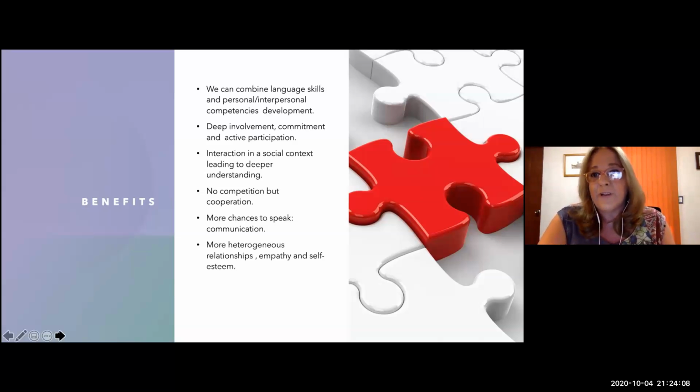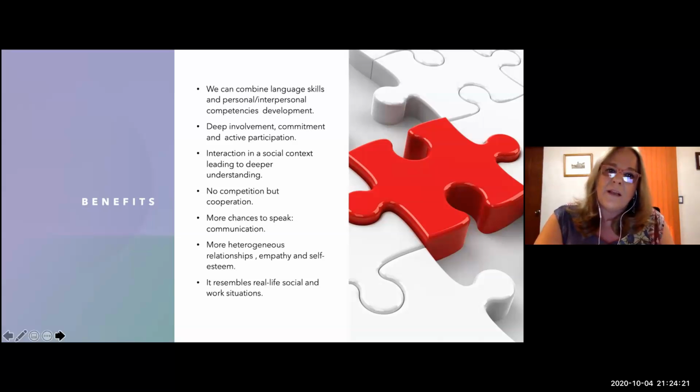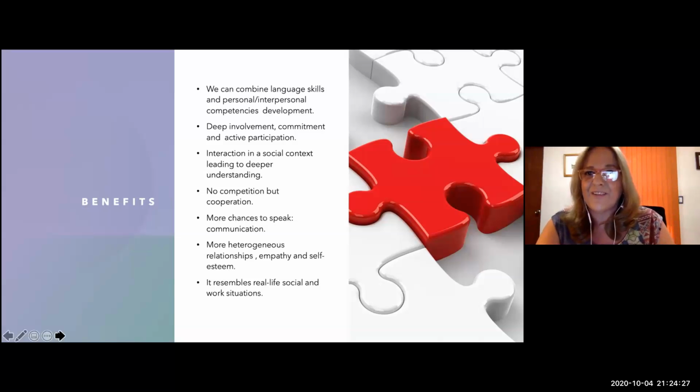When we have, for example, very shy students, they feel more confident working in a small group when perhaps they wouldn't dare talk to a big audience. Also, collaborative learning activities resemble real life social and work situations. So these are very good reasons why you should include collaborative learning in your classes.